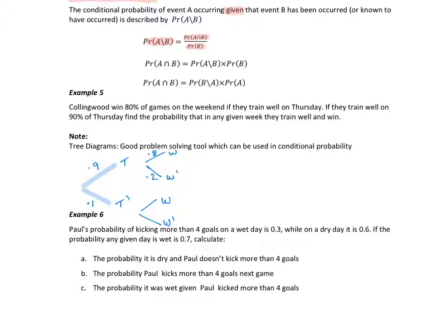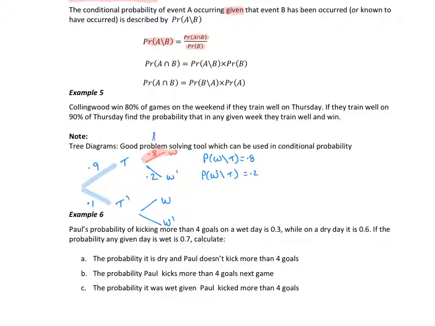So this probability here is the probability of winning given they trained well, and the probability of not winning given they train well, okay?